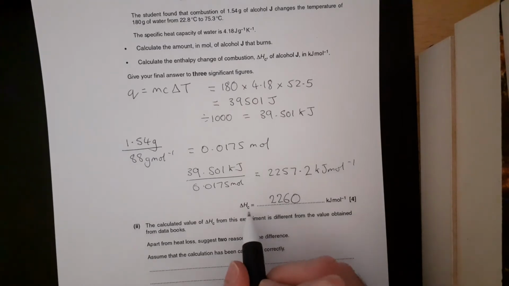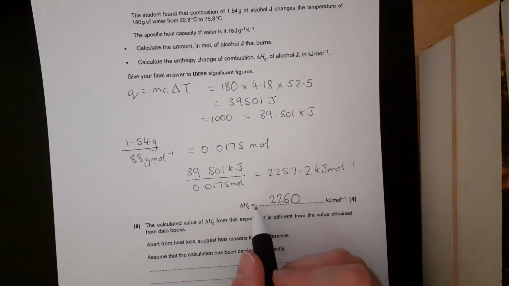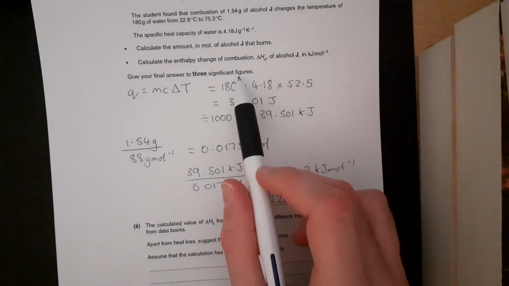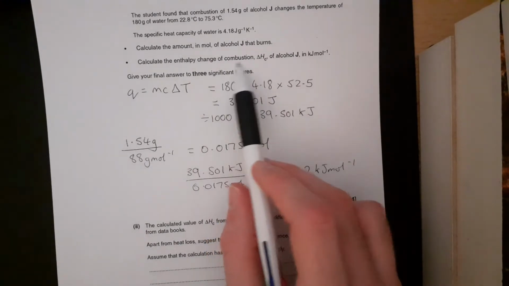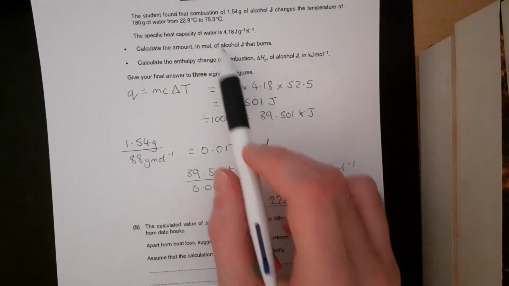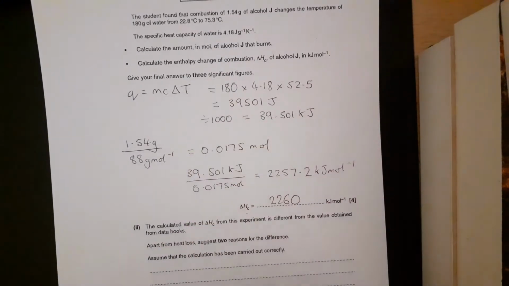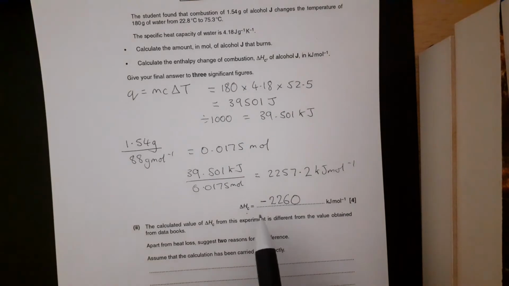And then we need to think, it's an enthalpy change, so it needs to have a sign. It needs to be either positive or negative. What happened to the temperature? Well, it's enthalpy of combustion, right? So it's always going to be exothermic. Enthalpy of combustion is always exothermic. And the temperature's gone up, so it should be minus. Delta H is negative for an exothermic reaction because it's releasing energy. So the enthalpy of the chemicals goes down.